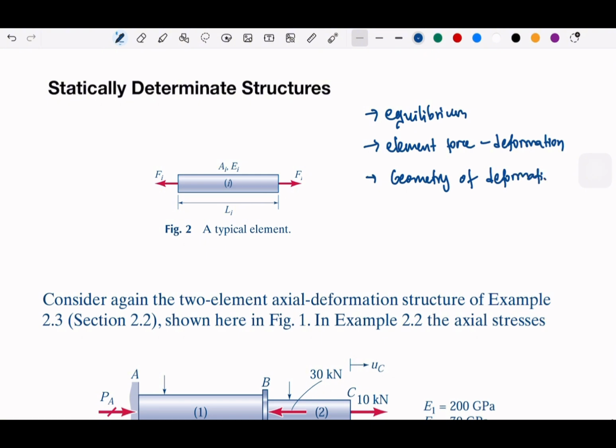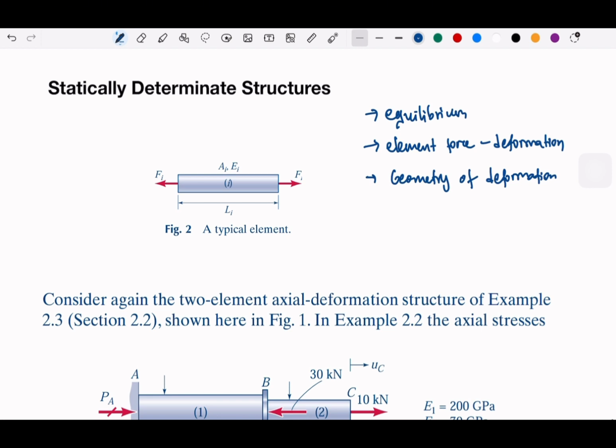How we would like the material or the body to deform. Okay. So suppose that we have a typical element. We have F, and then we have the area, we have the stiffness, the Young's modulus, and we have the length. And of course, in every axial deformation, these are all the elements that we need to calculate the elongation.